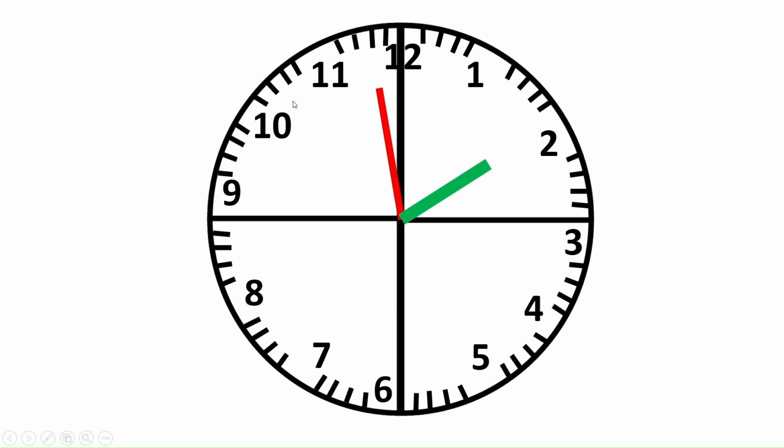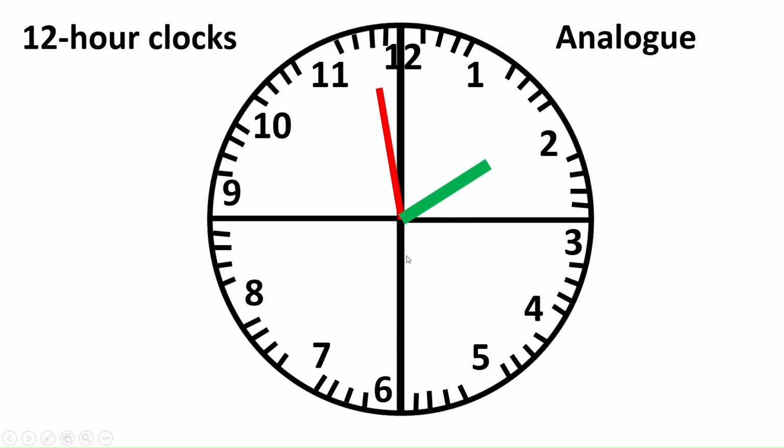In the last video, we looked at 12-hour clocks. 12-hour clocks are basically big circles with the numbers 1 to 12 arranged all around them, with a minute hand and an hour hand. These 12-hour clocks are called analog clocks.